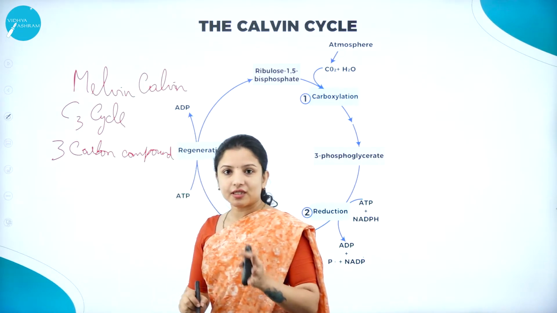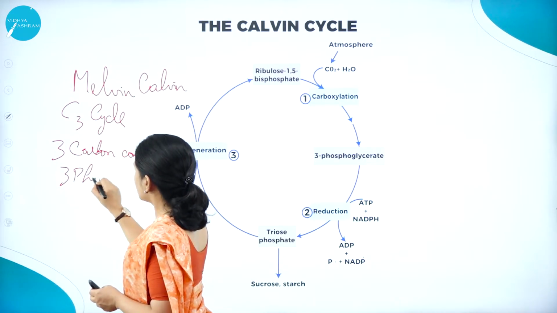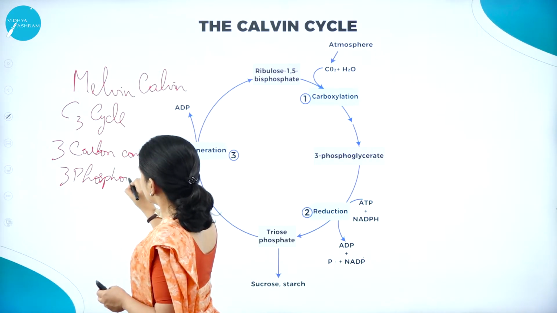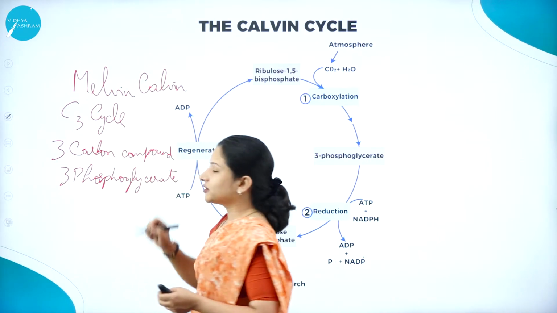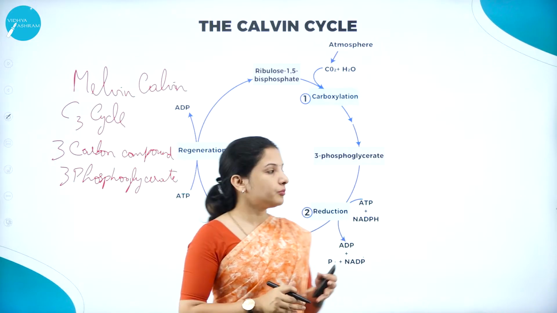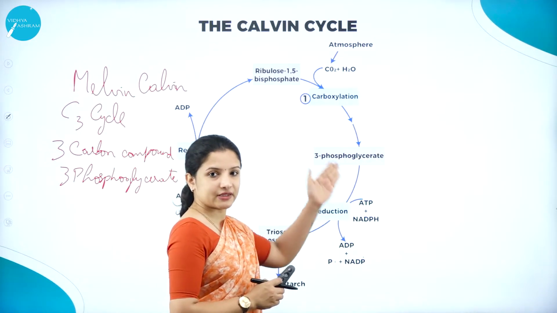The name of the 3-carbon compound is 3-phosphoglycerate. It is the first compound formed during the Calvin cycle.